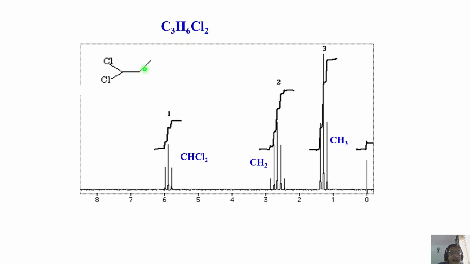But that is not all. This CH2 is also coupled to the CH proton. What does it mean? What will happen now? If you look at this quartet, each line of this quartet is further split into a doublet because of the CH proton. So what will happen?